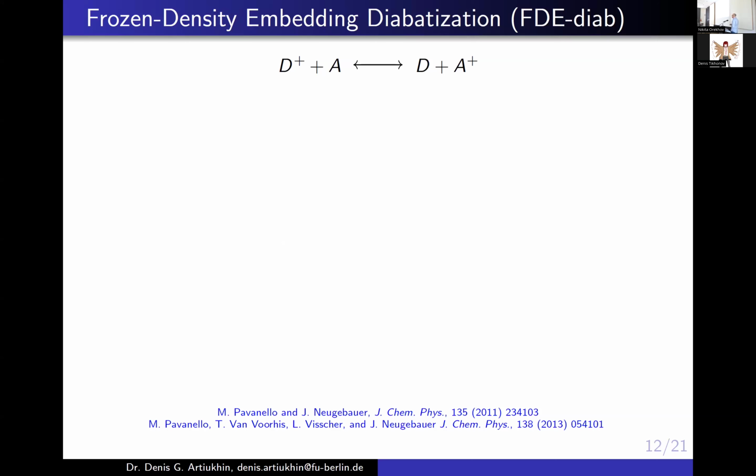Now I can try to use subsystem density functional theory, and by doing so, I'm computing D plus in the environment of A. I compute A in the environment of D plus. Essentially, I'm free to place the charge wherever I wish because subsystems don't share atomic orbitals. The charge will stay on the molecule where I put it. It will not go away.